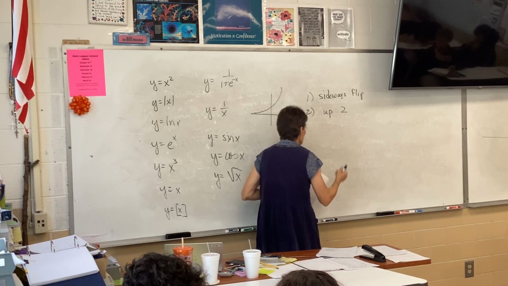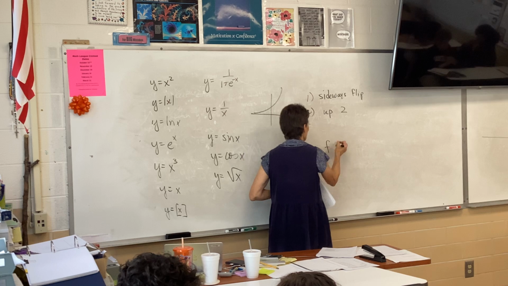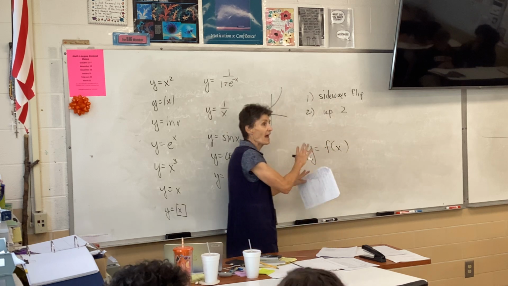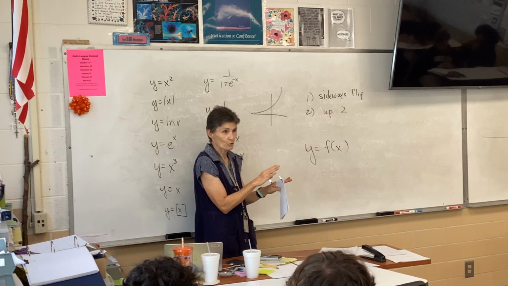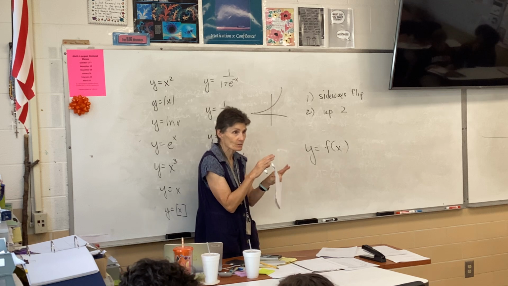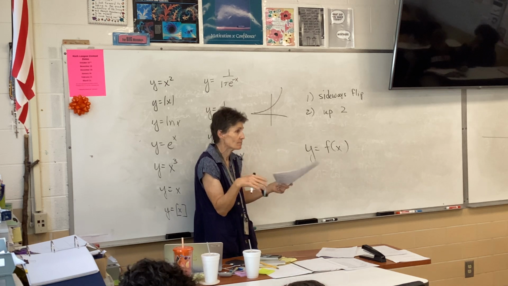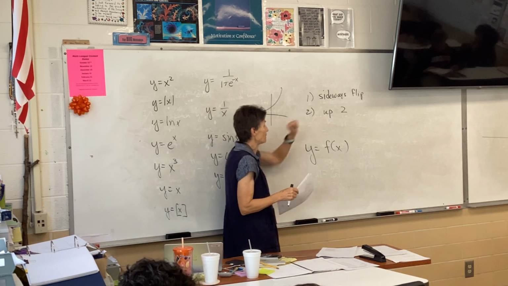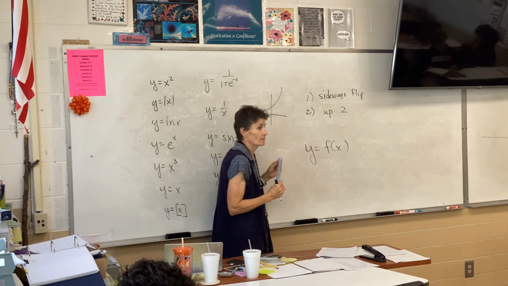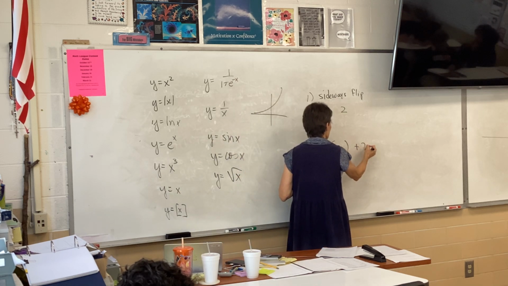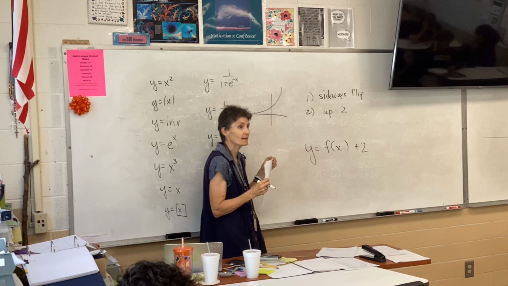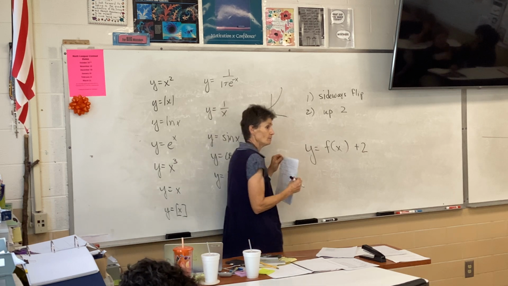So now I have to write my equation. And remember, your equation is going to be some version of that. You're just going to put in the numbers or signs, negatives or whatever, that make this happen. So what do you think? Plus 2 on the outside, because that lifts you up 2.